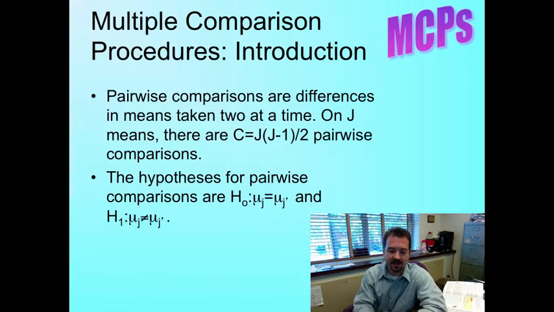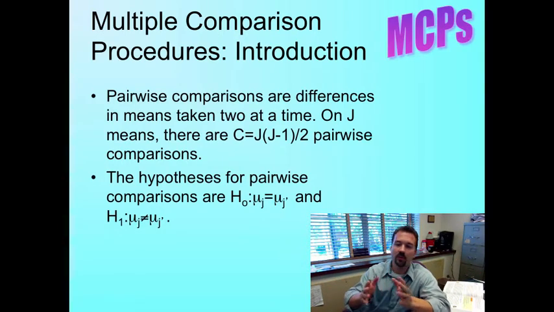If I'm curious as to what treatment might work best, and I'm comparing a 10 milligram group versus 20, 30, 40, 50, all the way up to, let's say, 200 milligrams, I might not be interested in comparing each and every one of those differences, 20 milligrams versus 30 milligrams, 10 milligrams versus 30 milligrams, and so forth.